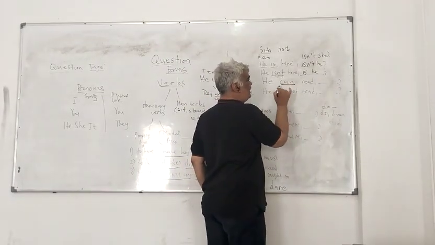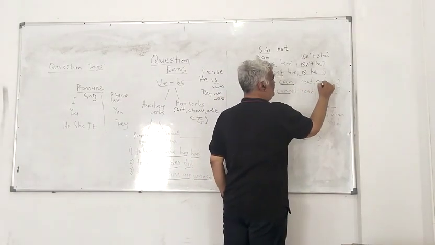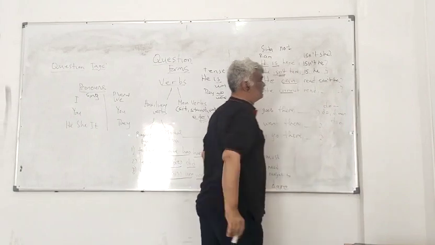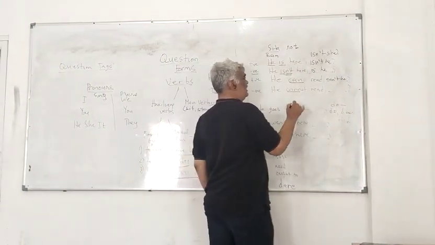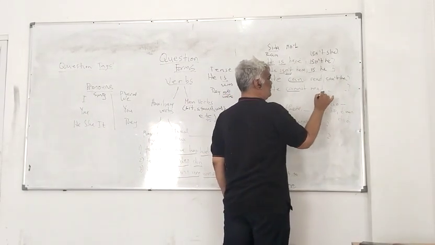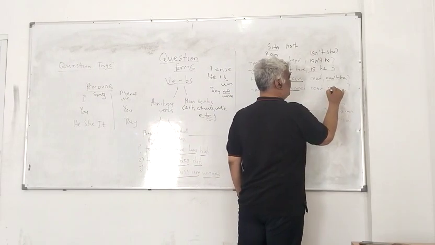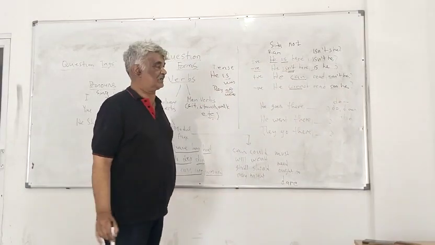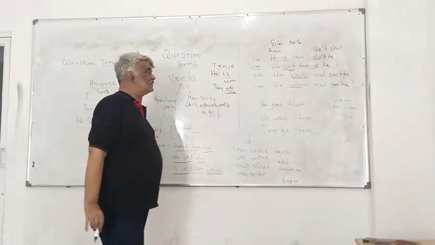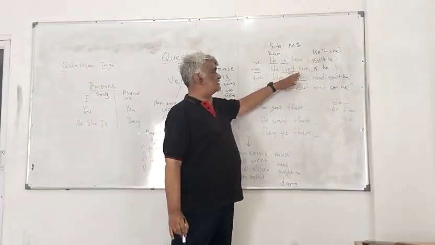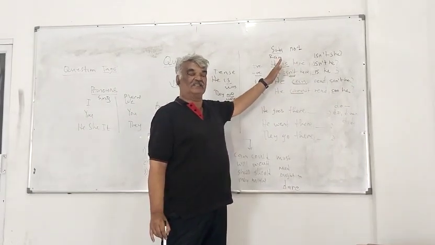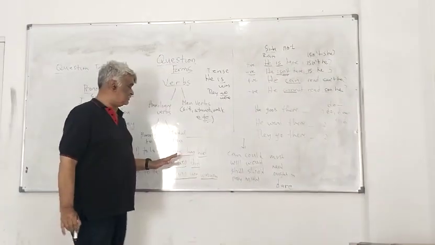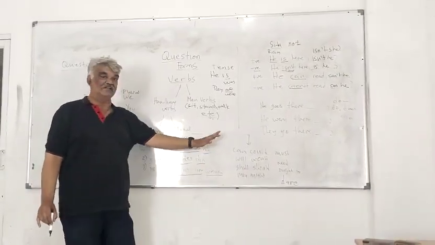He can read, take the auxiliary, make it negative, and add the pronoun form of the subject. And the second sentence is negative, take the auxiliary, make it positive, and add the pronoun form of the subject, right? Now, this set of sentences has an auxiliary. Here it's can. Remember the auxiliaries are these, right?